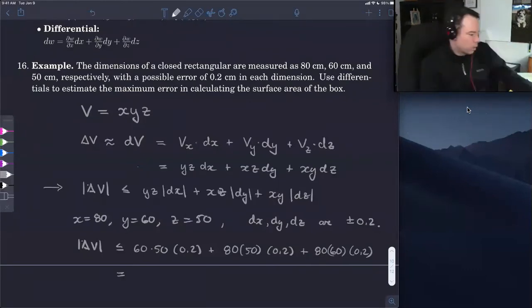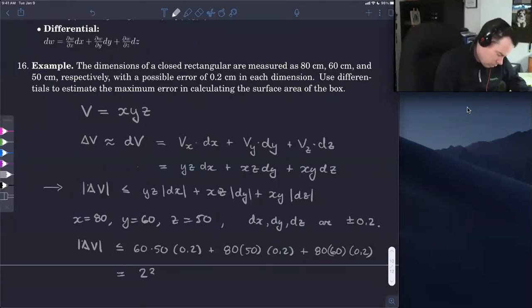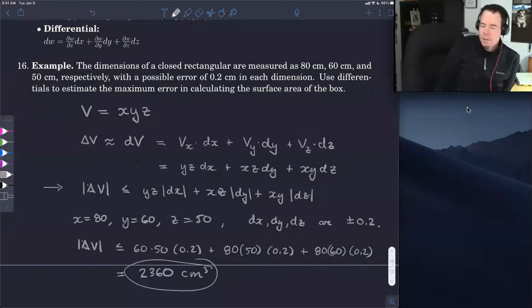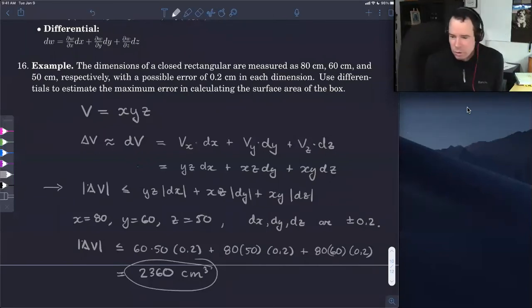And we can work out the values of these things. I'll just jot it down. We get a value of 2,360 cubic centimeters. And so that is what our error would be in our volume measurement. If we return the volume as 80 times 60 times 50, then we could be as far away as 2,360 cubic centimeters from the actual volume based on these errors.